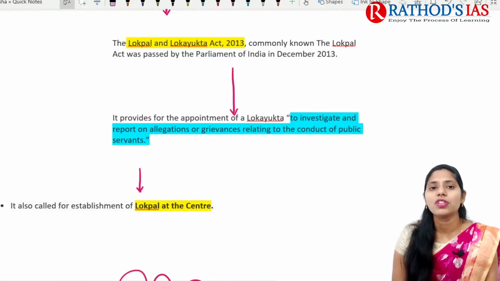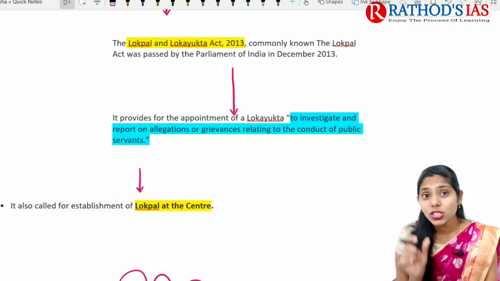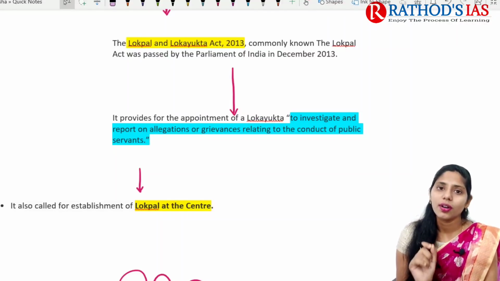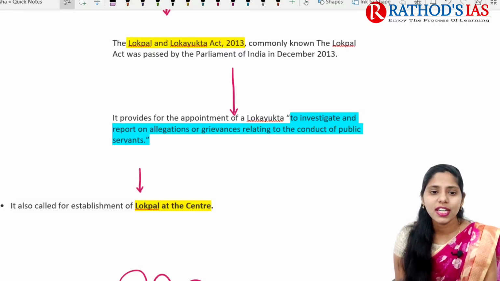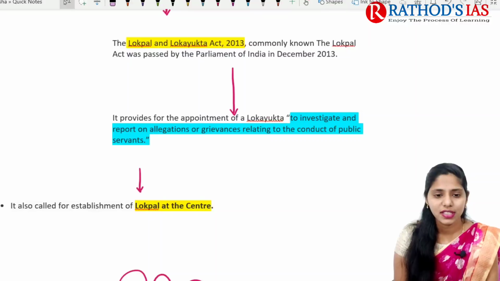This act provided for the appointment of the Lokayukta, who has the responsibility to investigate and report on allegations or grievances regarding the conduct of public servants.